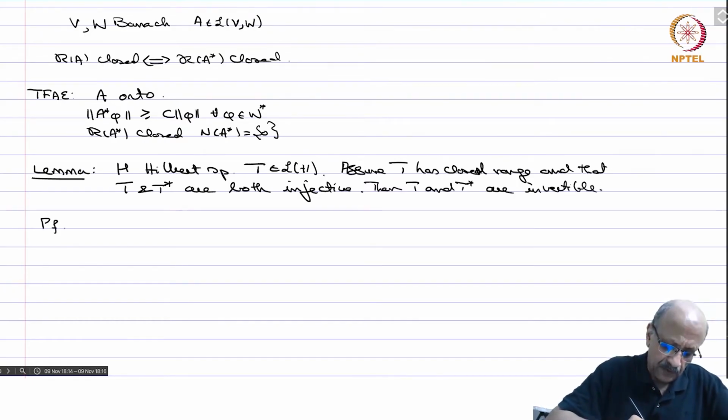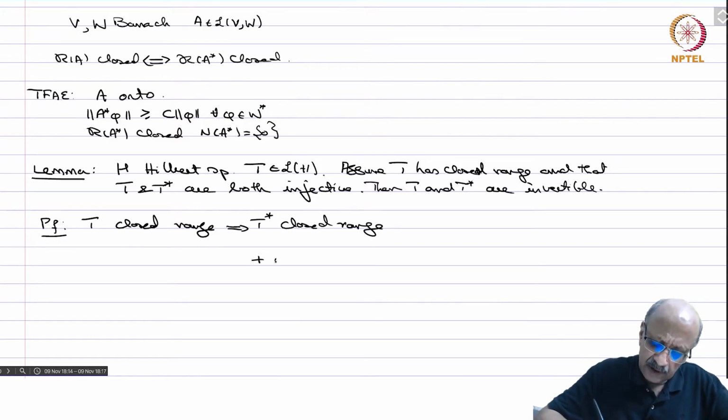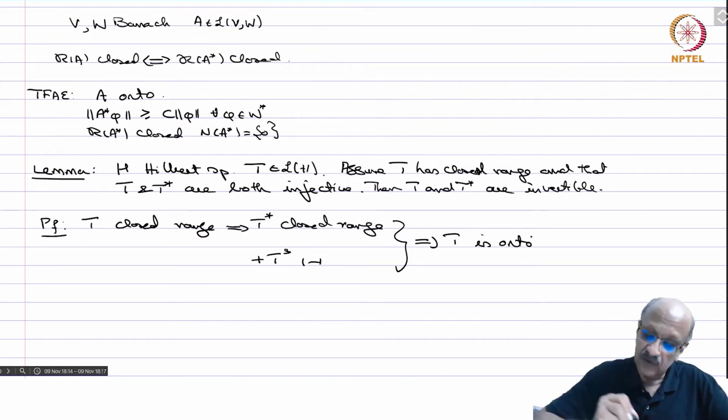So proof. T has closed range implies T star has closed range, and T star is one-one is given to you, and therefore these two imply that T is onto by the theorem which we have just stated.